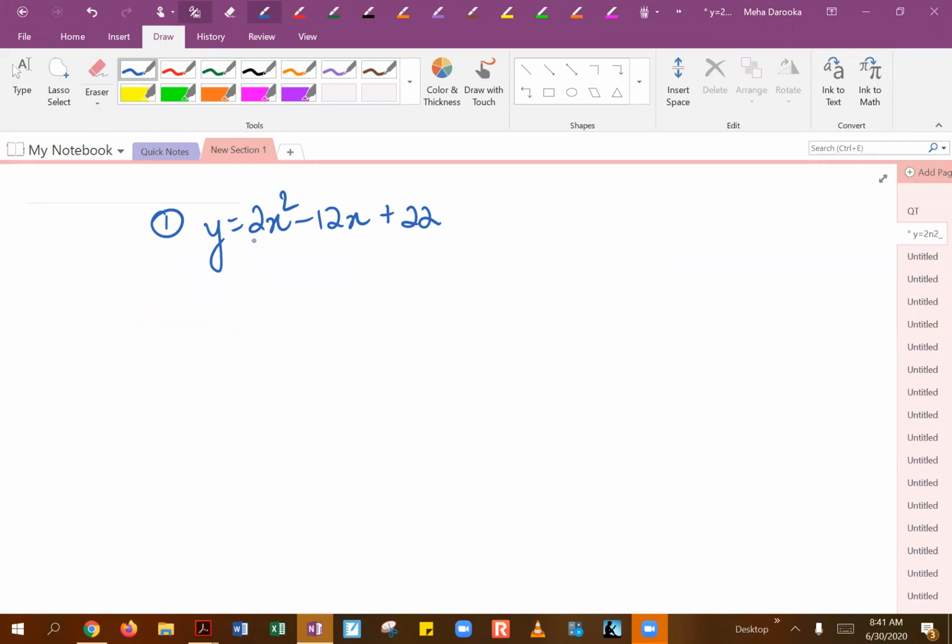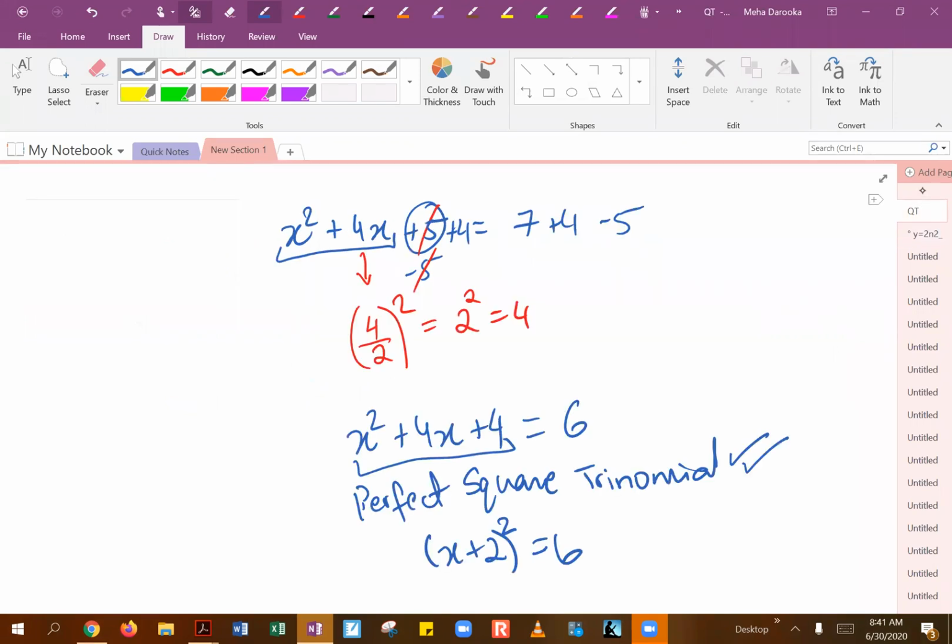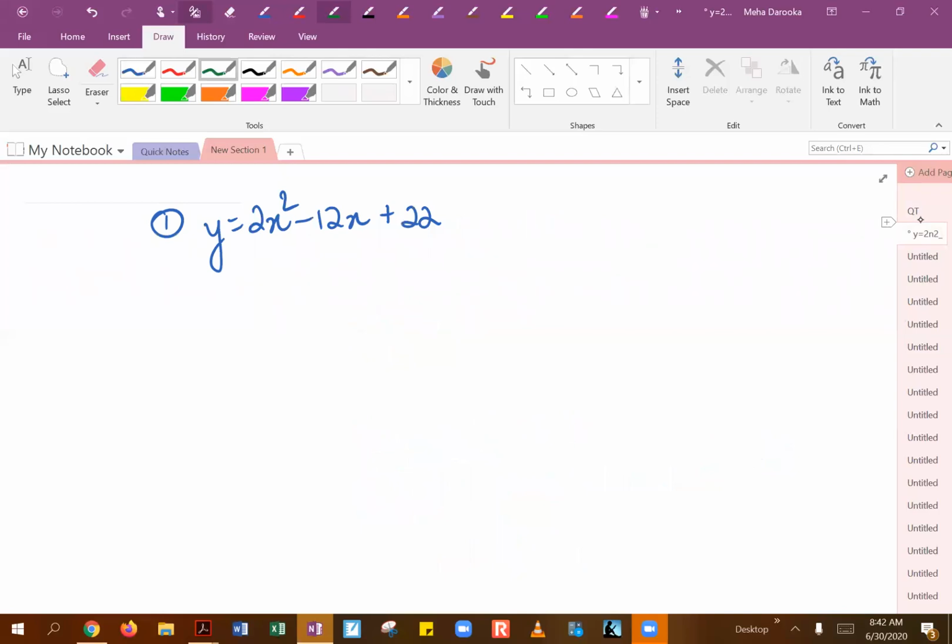So we need to get rid of that 2. Now, normally, if we had an equation like this, we could have just divided everything by whatever the coefficient might have been. But we cannot do that in this case. So what we end up doing is we use factoring. Because remember what I said, the left-hand side has to stay a y. We cannot do any calculations on the left-hand side.